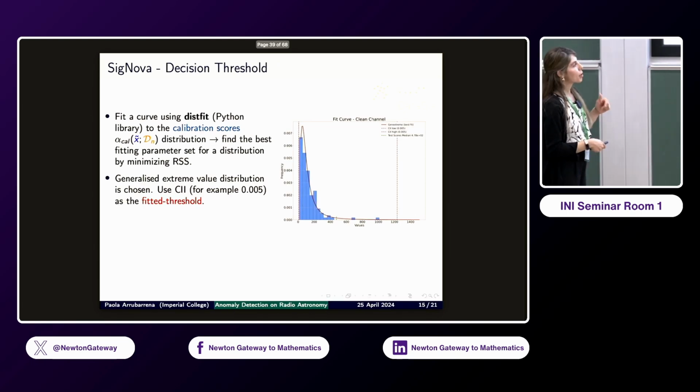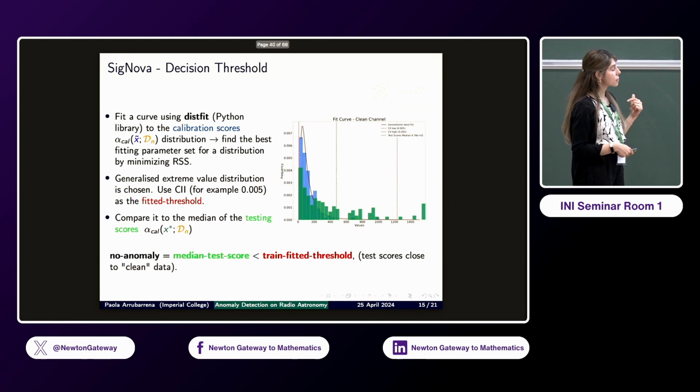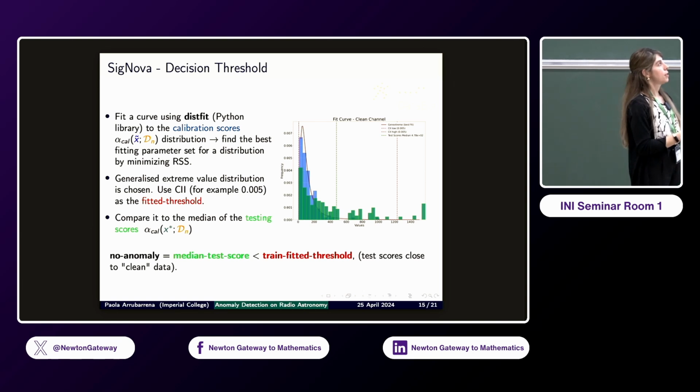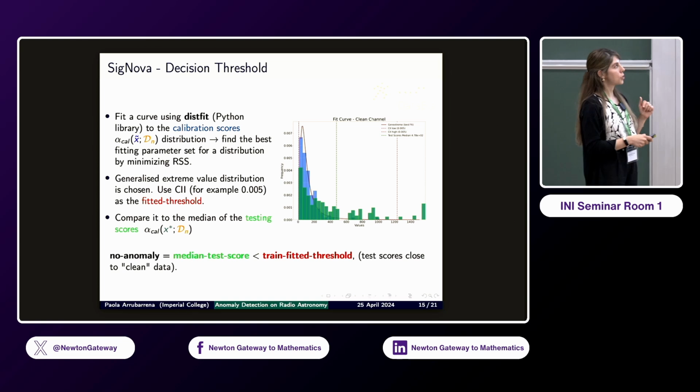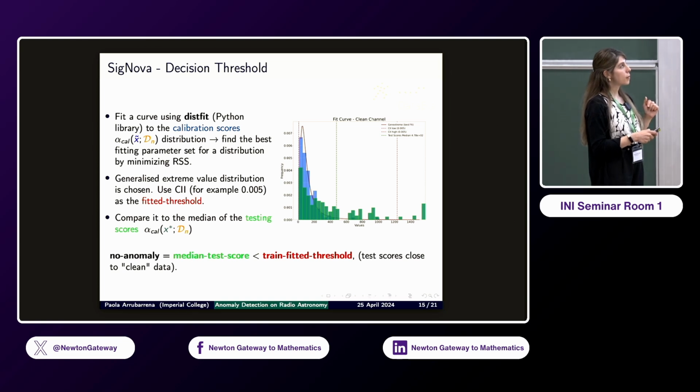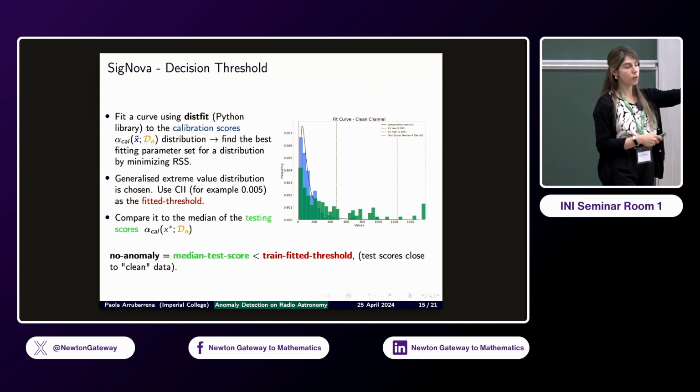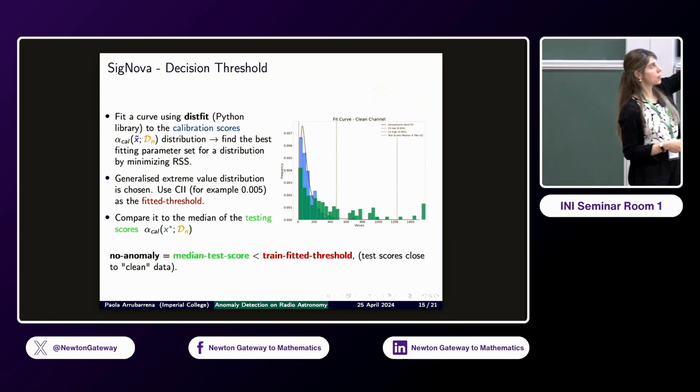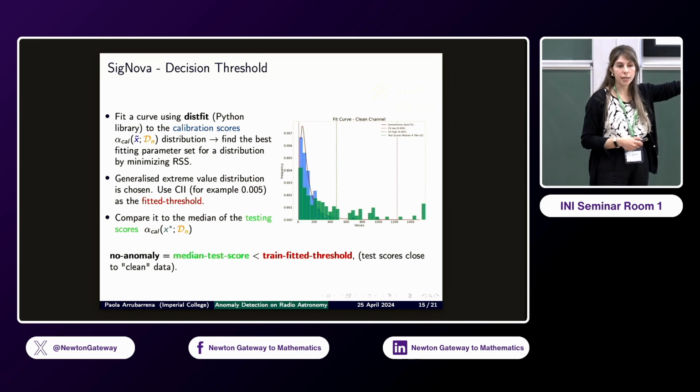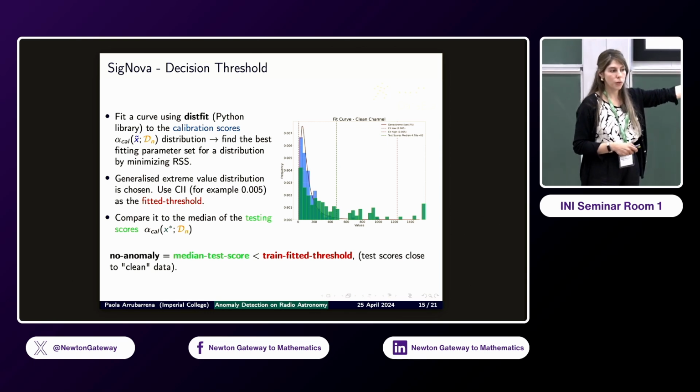And then I'm going to compare it to test scores. So for one frequency channel, I compare it to the scores in green, calculate the median of them, and if this median is below my very high thresholding function, I'm going to assume that this interval is clean, or PiSegments is going to know that this interval is clean.